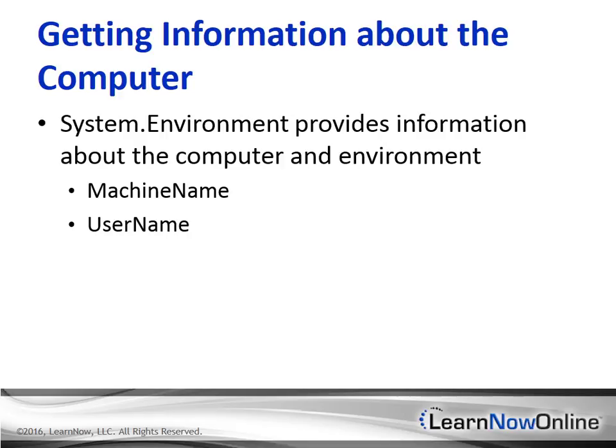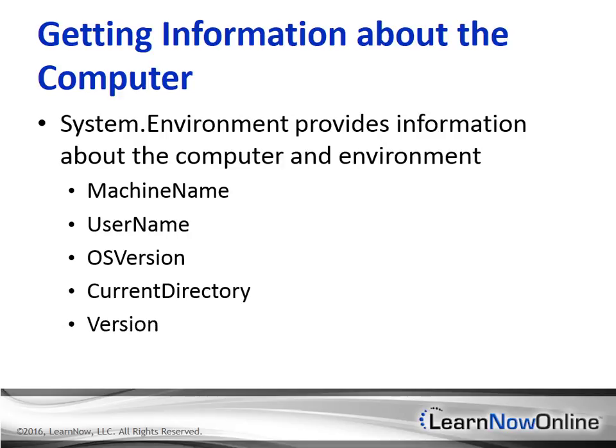It may not always be available under some authentication schemes, so just be aware of that. It also returns the OSVersion, which is the version of the operating system, both the name and the version. CurrentDirectory returns the directory in which the program is running. And then Version returns the version of the common language runtime that you're currently executing under.